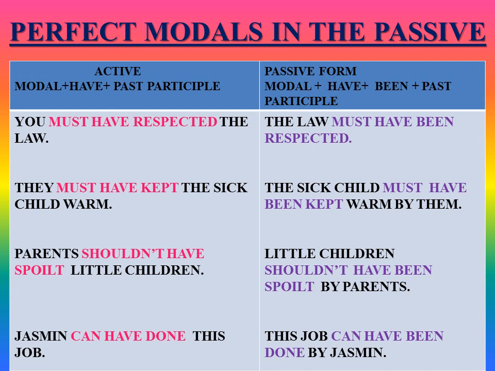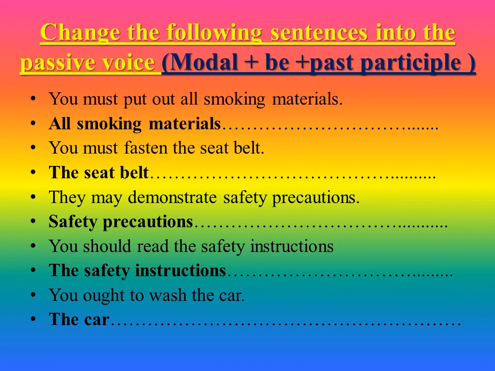So remember that in the passive we give more importance to the action. That's why we are using the object plus the action, the form of the passive. So the difference is clear now between the use of modals in the present and the use of modals in the past in the passive voice. Now you have a task to practice modals in the present and modals in the past.